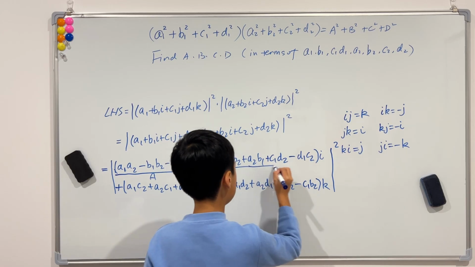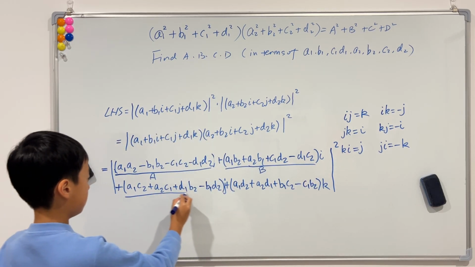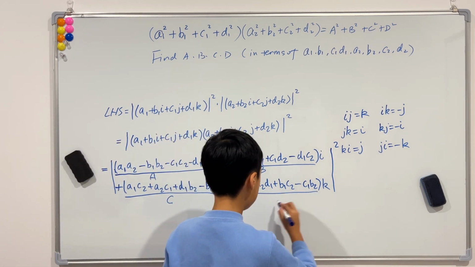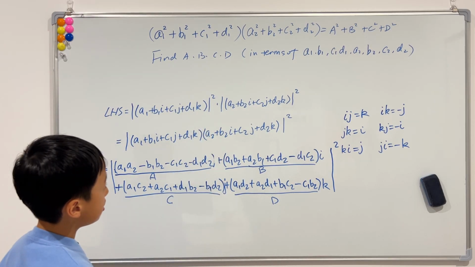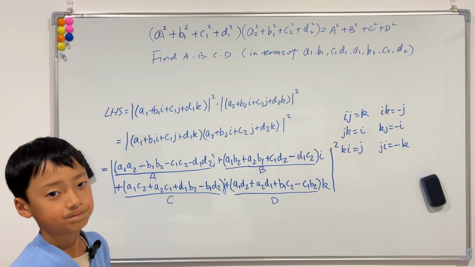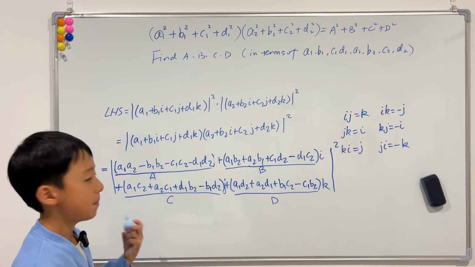And this is B. This is C. And this is D. And let's see, did we do the question in terms of A1 and so on? We did. So this is the end of this super amazing question.